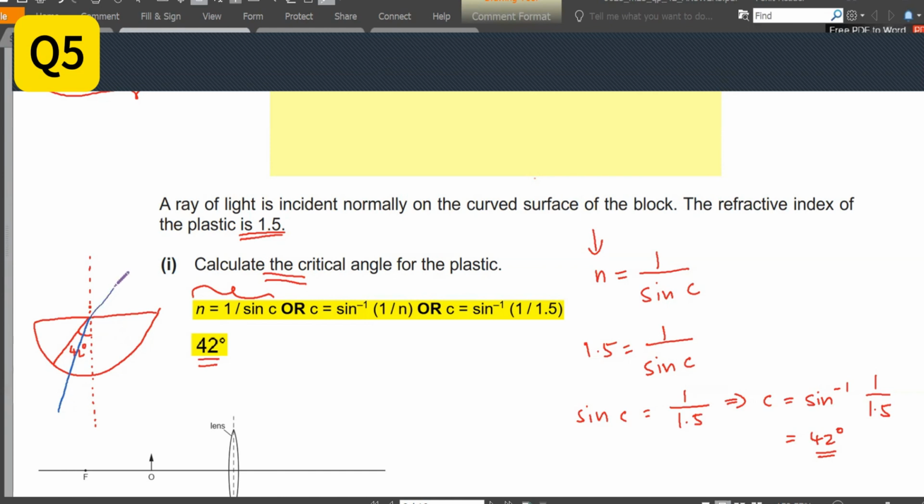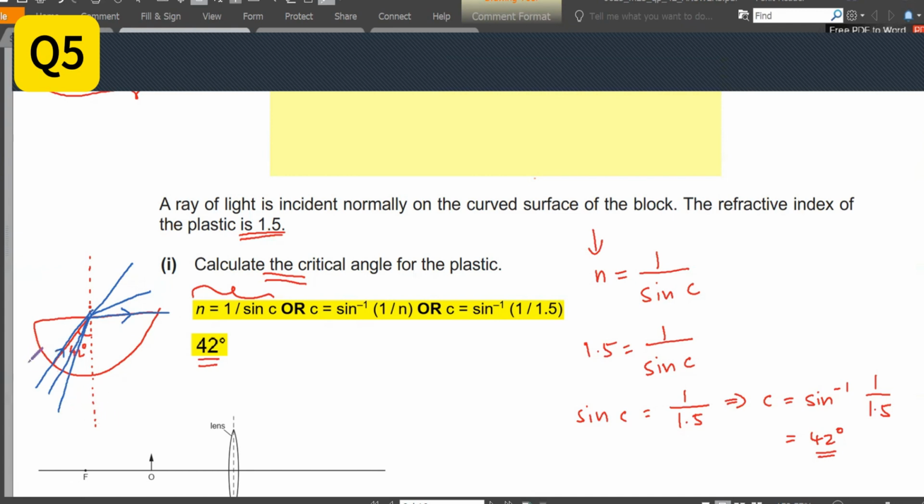As we increase the angle, the light will bend more away from the normal. As we reach the critical angle, the light will be going parallel to the surface.